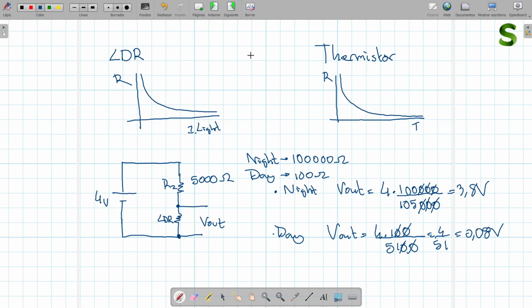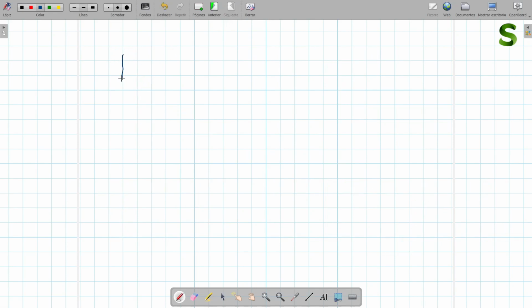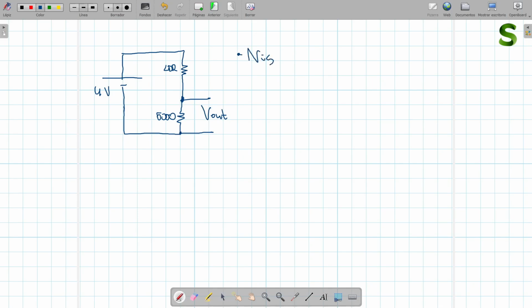Okay, so what happens if we put the LDR in the other position, where R2 was? So that was 4 volts, and now this is going to be 5,000, and this is where we're going to use the LDR. Okay, and the V out is still going to be this, and we'll see both cases. So what happens at night?